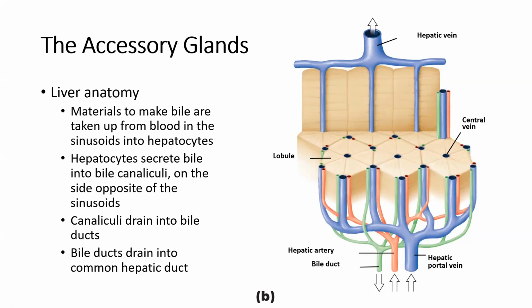From there, it'll go to the hepatic ducts, so the right and left hepatic ducts respectively, then into the common hepatic duct, and then it can make its way into the gallbladder, and then from the gallbladder, it'll go to the common bile duct, and then to the duodenum.